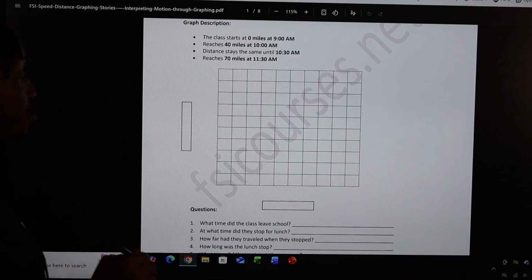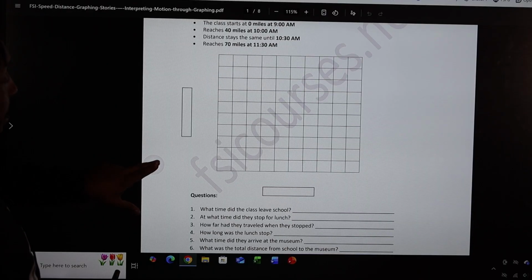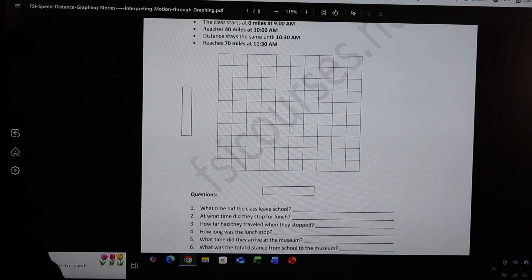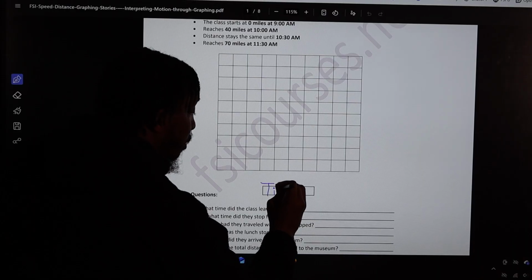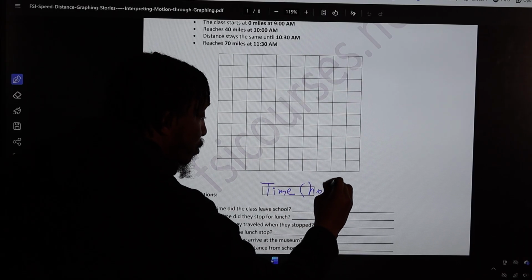The first thing I'm going to do is label my X and Y axis. So let's go ahead and label those axes. My X axis is actually going to be time, and our time is going to be in hours.